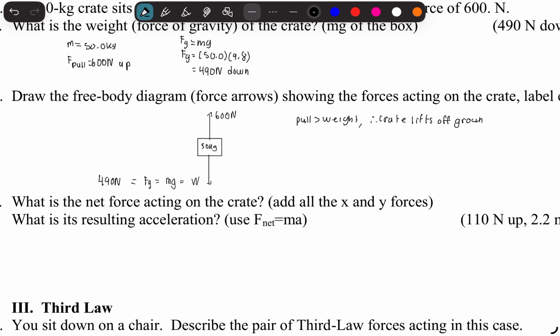And because it's no longer in contact with the ground, there's no force from the ground pushing up on the box to keep it on the surface. Therefore, we can say there is no normal force.